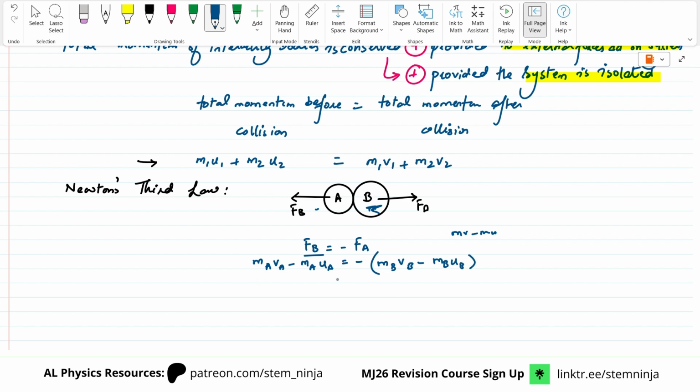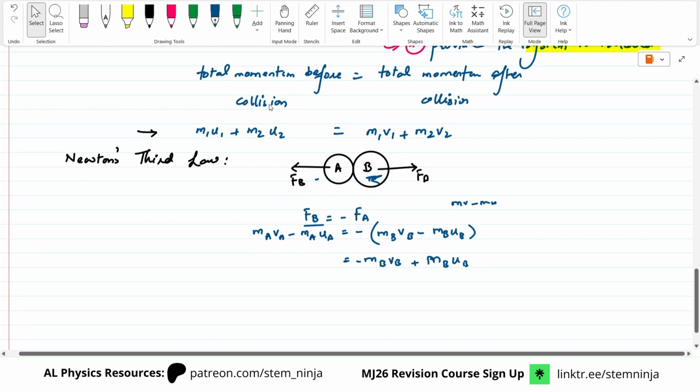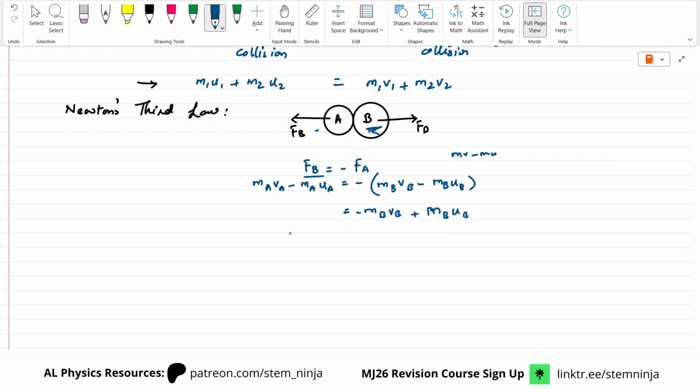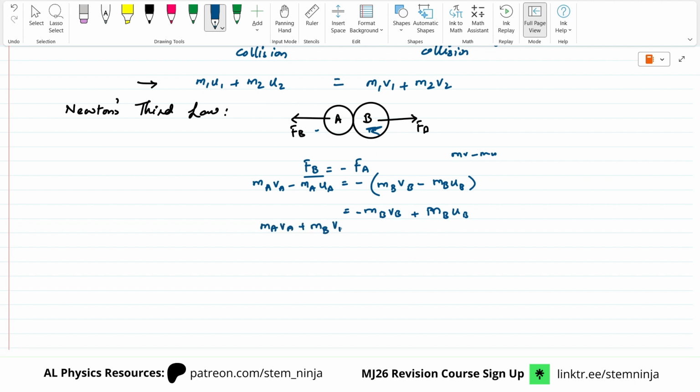Once you multiply the minus inside, this becomes minus m_B v_B plus m_B u_B. Now collecting all the terms on one side, V terms on this side, so m_A v_A plus m_B v_B, and U terms on one side, so m_A u_A plus m_B u_B.